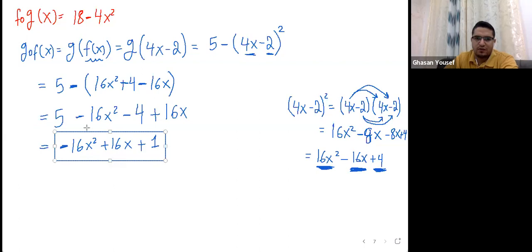Now look, is g circle f of x equal to f circle g of x? Is this one equal to this one? Again, my question is, is f circle g of x the same as g circle f of x?